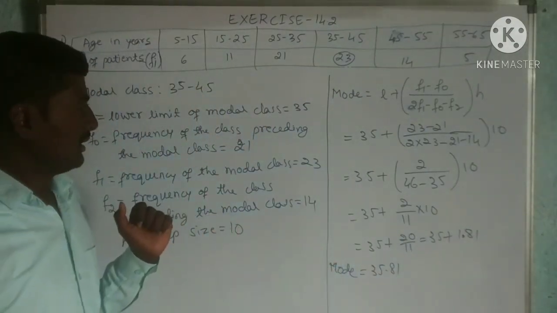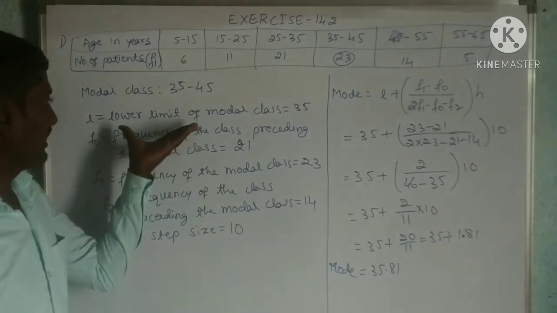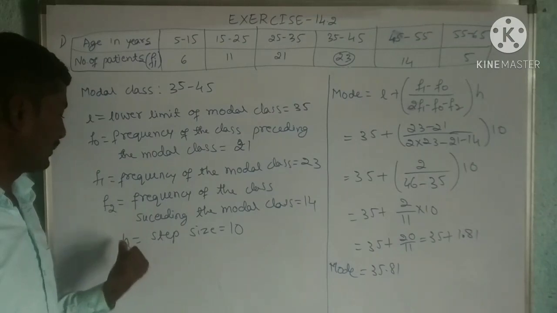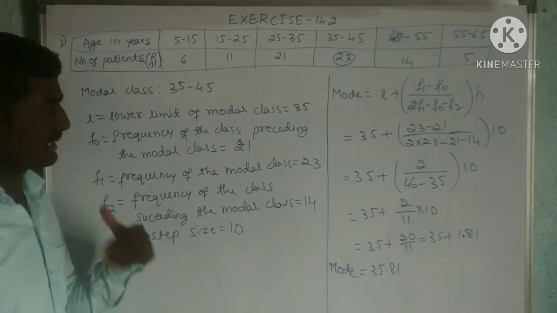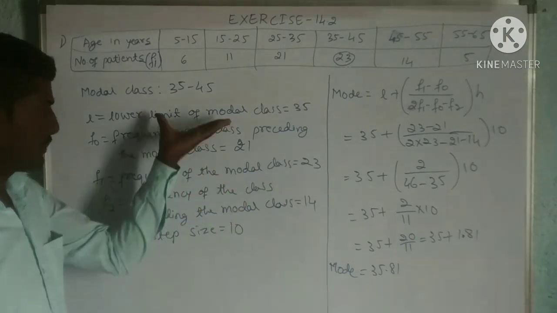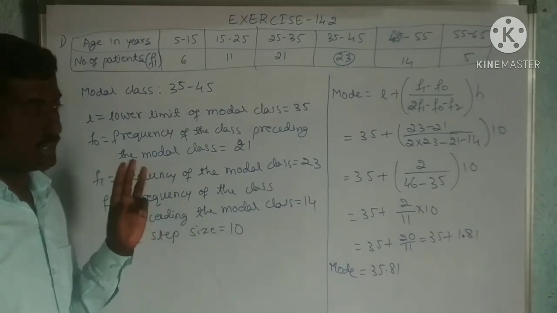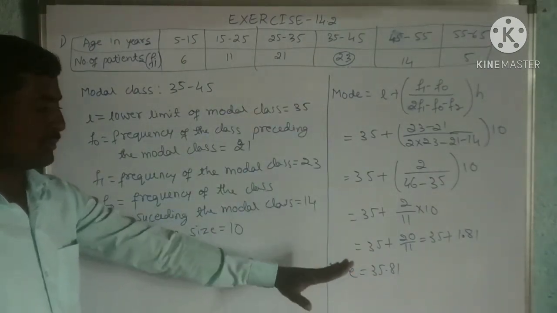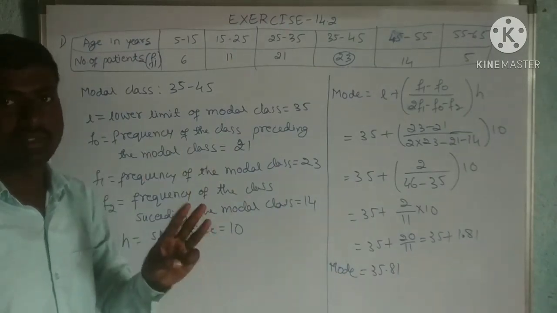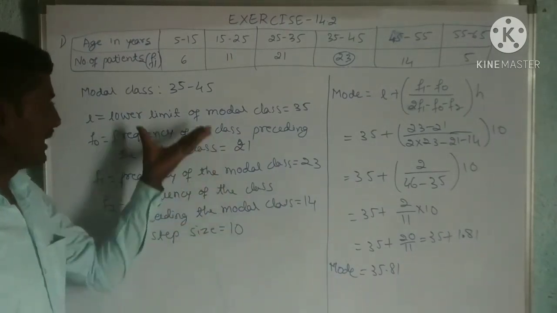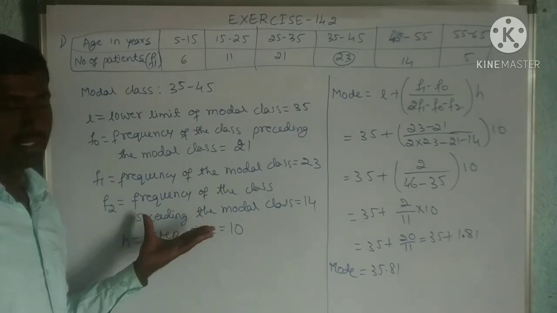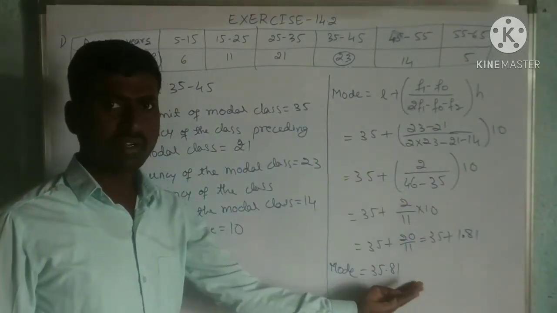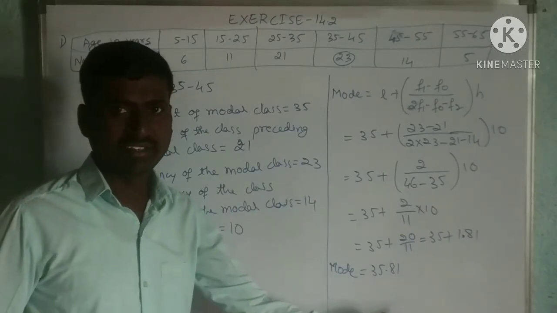Now I expanded these terms: L, F0, F1, F2, H. Is it necessary to expand all these terms? Usually this question is only for mode. If they ask mode for 3 marks, better you expand all these terms, because the formula substitution and calculation is not that lengthy.